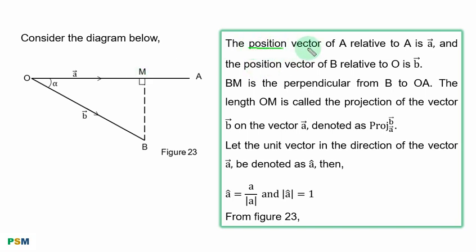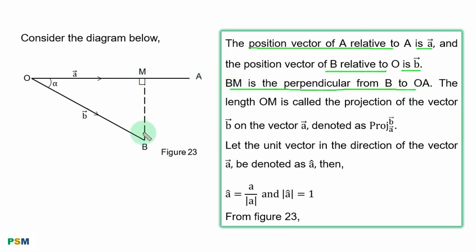The position vector of A relative to O is vector A, and the position vector of B relative to O is vector B. That is B from O, then A from O. BM is the perpendicular from B to OA. It is a straight line.